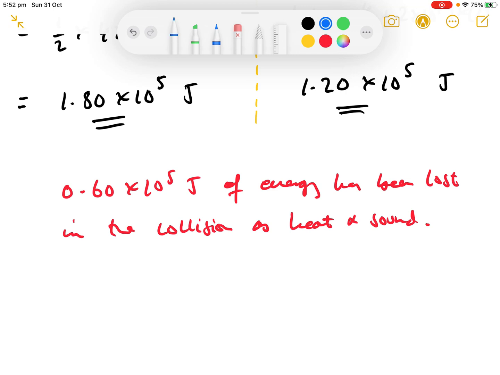So, and this is an important definition now, this is called an inelastic collision.